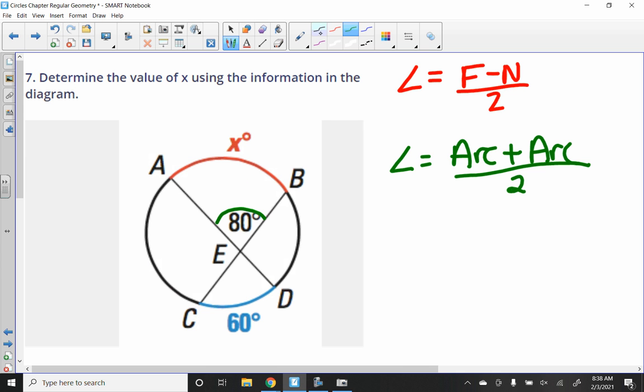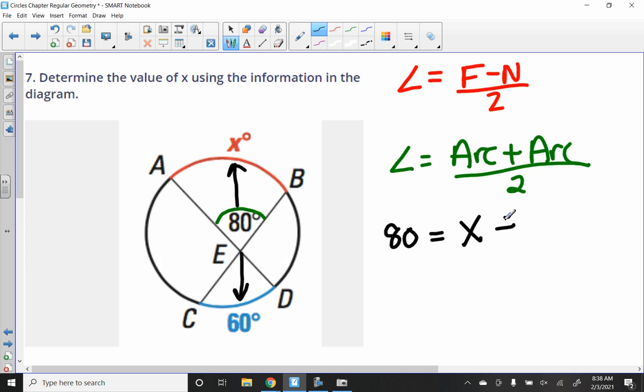You have the 2 arcs you need. One is an X, so we can put that in our formula. And one is 60. It's already color-coded for you. So there's our 2 arcs. So our formula will be 80 is our angle. 1 arc, and it doesn't matter which one's first. So you do not need to keep track of far and near if it's an interior intersection.